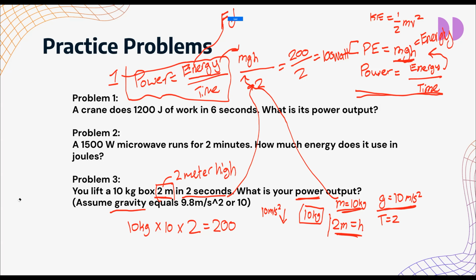Since we know the distance is 2 meters, D is equal to 2, we just need to figure out the force, which is mass times acceleration. And acceleration is just 10, because the gravitational acceleration is 10 meters per second squared, times the mass, which is 10. He just did it this way.